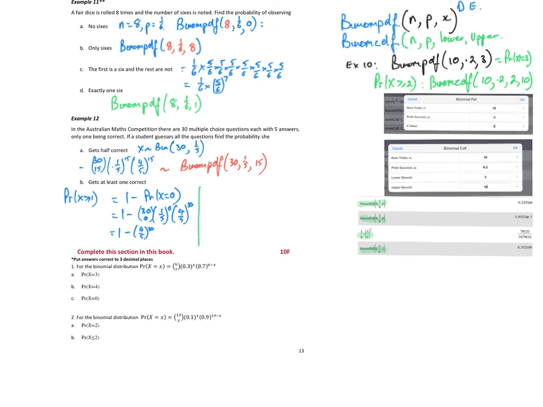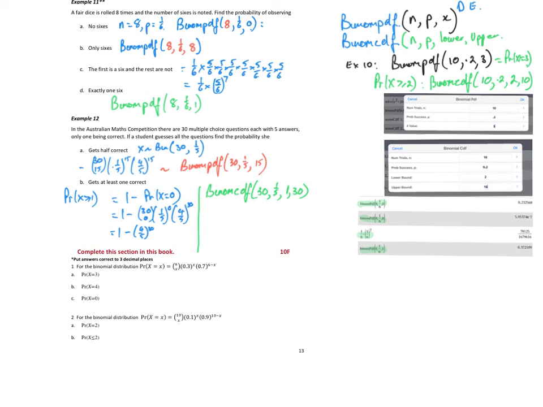Or greater than or equal to, we're going to use binomial CDF, 30 trials, probability of success, I keep wanting to write a half, but it's 1/5, and we want from 1 to 30 successes.